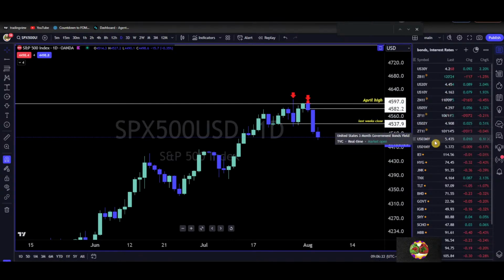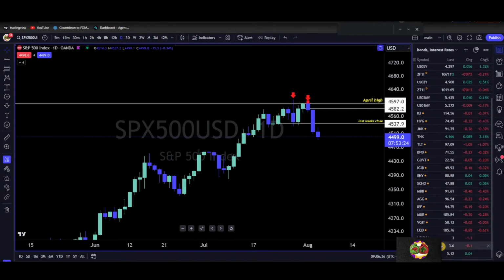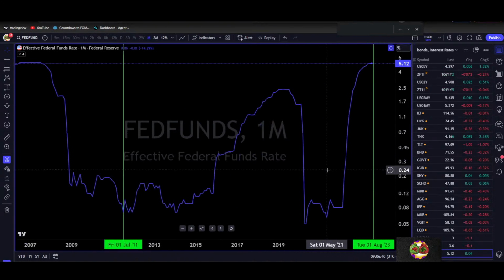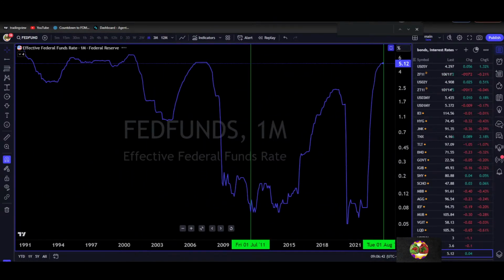The shorter dated contracts were less expensive, and the longer dated contracts were more expensive. Now that's what happened during the last time this happened. Now, I'm not saying the world is going to fall or anything like that. I just want to show you this.